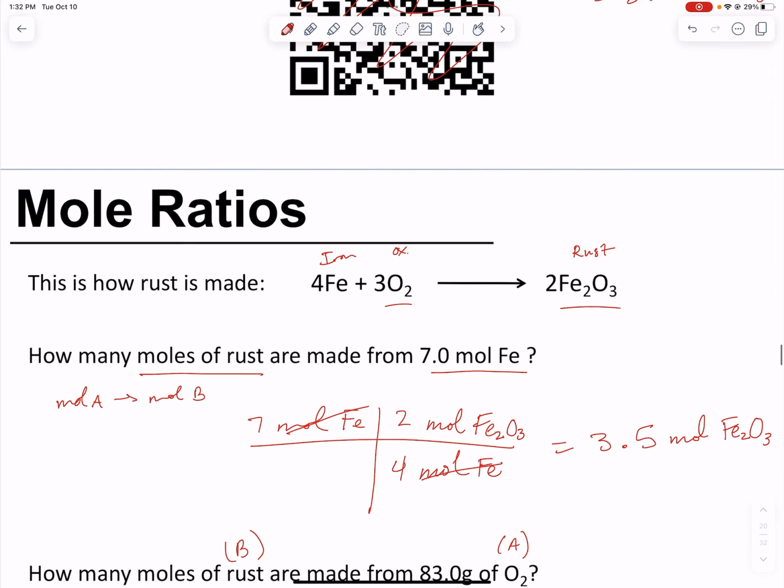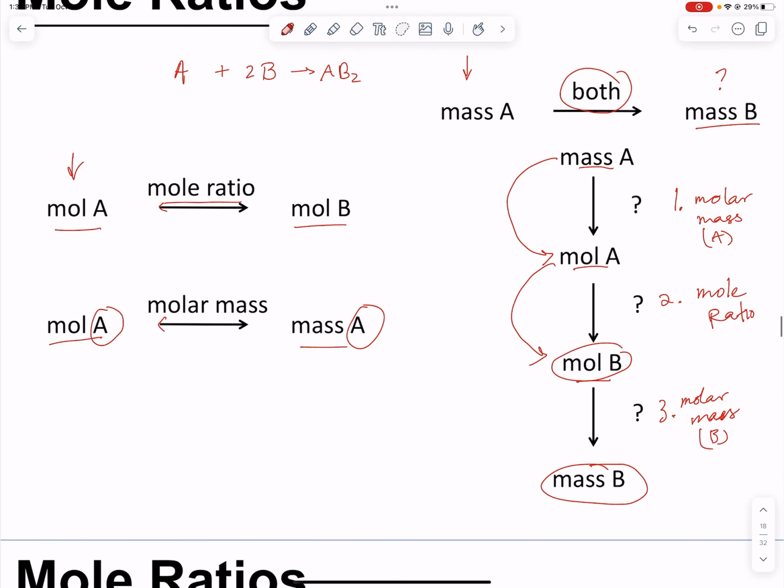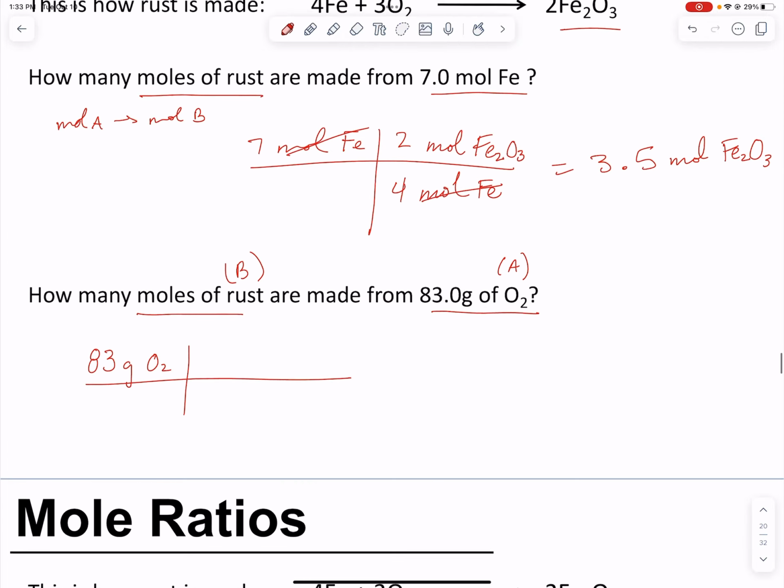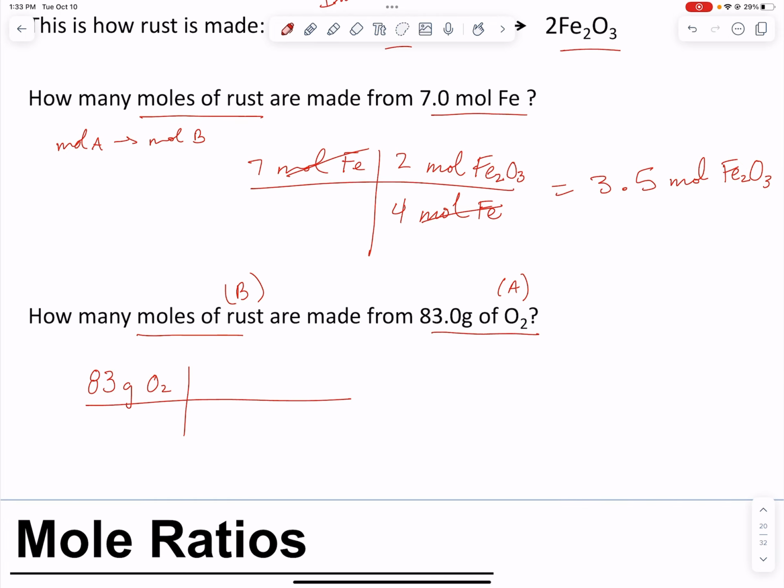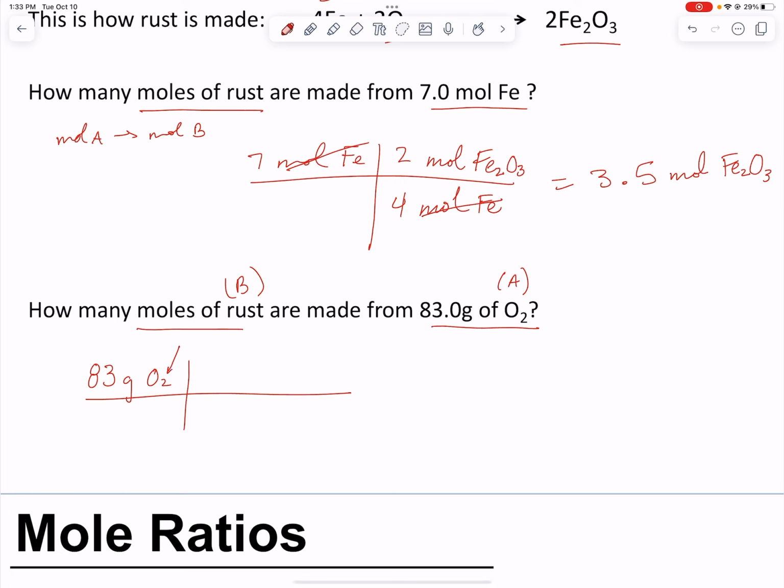Step number 1, if we go back up to our chart, was what again? Plug in the molar mass of A to convert to moles of oxygen. So what would the molar mass of oxygen be here? If you look at the periodic table, oxygen weighs 16, but there's 2 oxygens. So 16 times 2 would be a total of 32 grams for every 1 mole of O2.